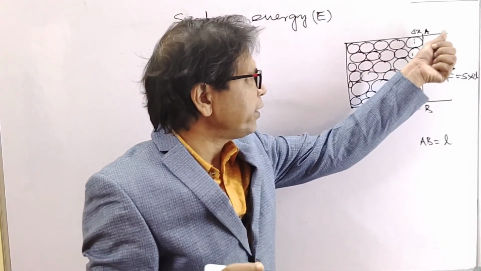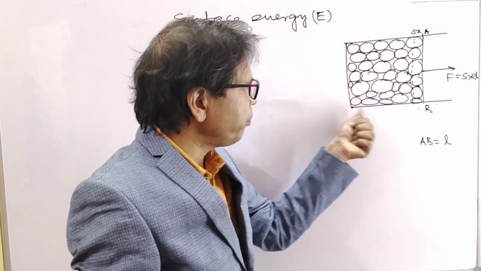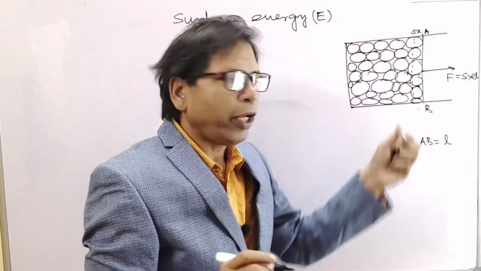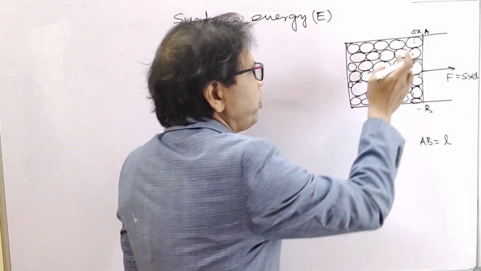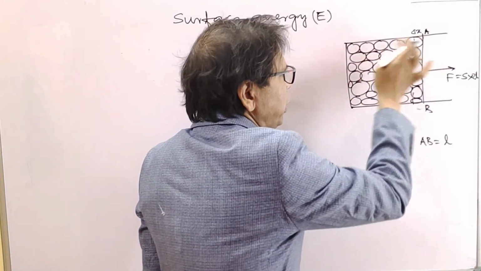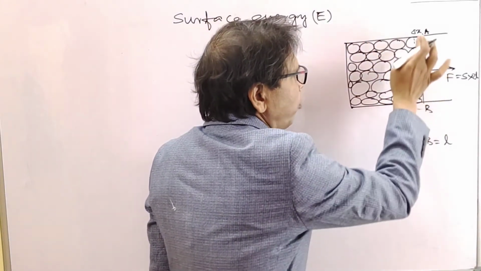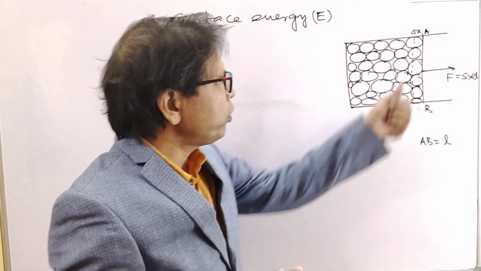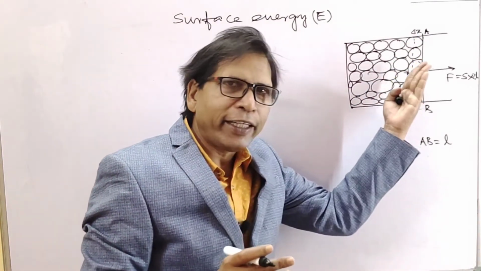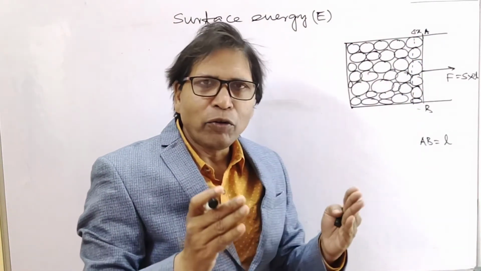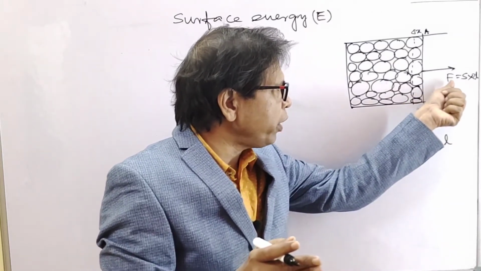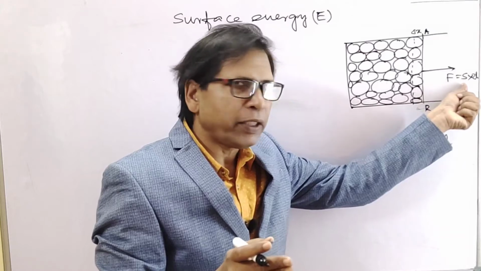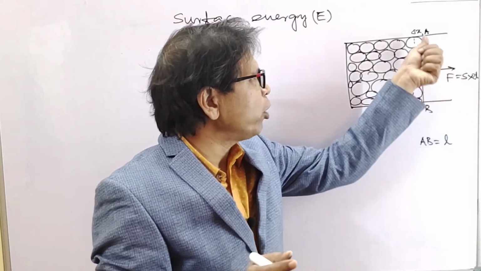Look at this. This is a rectangular frame and a light rod AB on this rectangular frame. Now this space is filled with a soap film. So this light rod is attracted inwardly. To keep it balanced, the outward force should be equal to surface tension times length of line of contact.